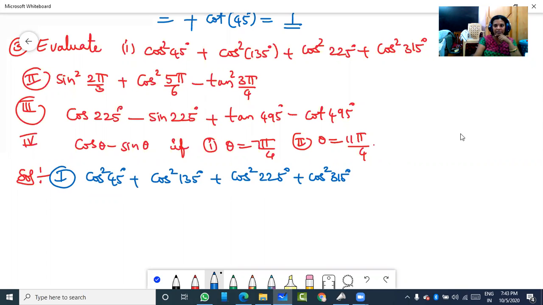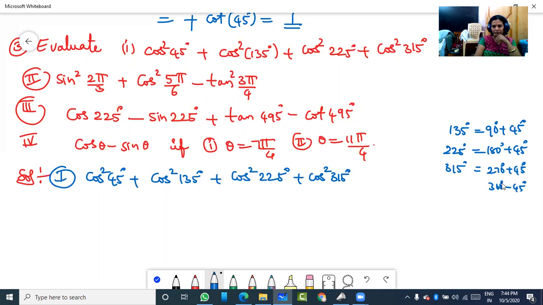Just we can take the degrees here. 135 degrees means we can write 90 degrees plus 45 degrees. 225 degrees means 180 degrees plus 45 degrees. 315 degrees means it is equal to 270 degrees plus 45 degrees, or 360 degrees minus 45. We can take any way.